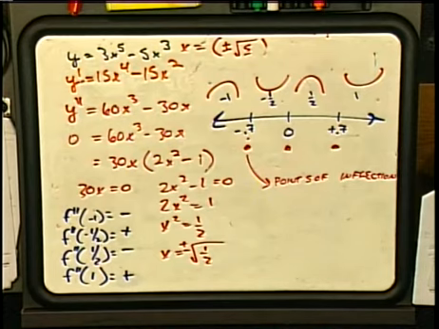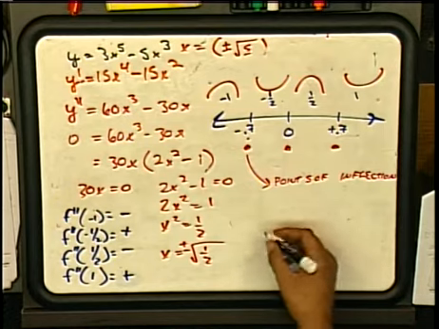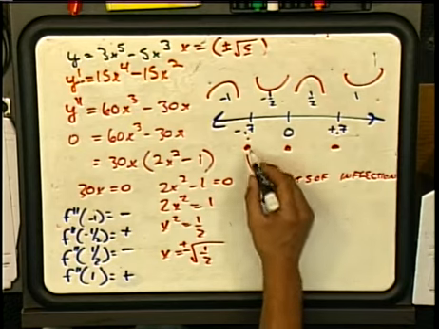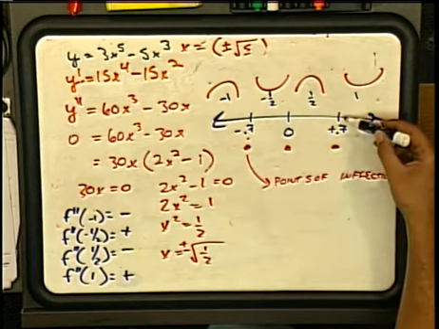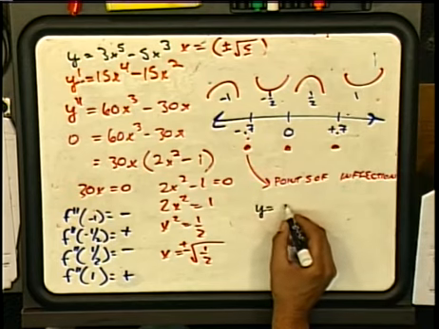So after you see what they're doing, concave up, concave down, find your points of inflection at negative 0.7, 0, and positive 0.7 with the original equation.